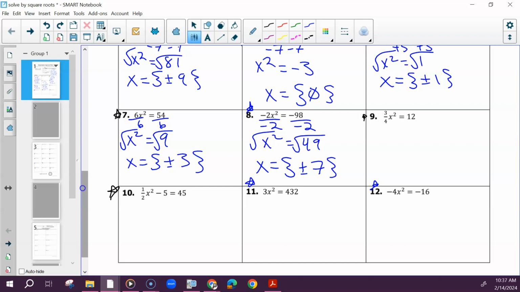How would we solve 9? Multiply. Multiply what? 3/4. 4/3. So you can either divide both sides by 3/4 or multiply by 4/3, whichever you choose. Go ahead and do that in your calculator. Tell me what that is.